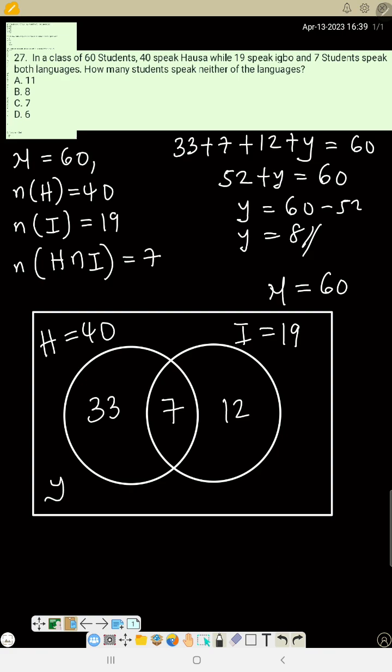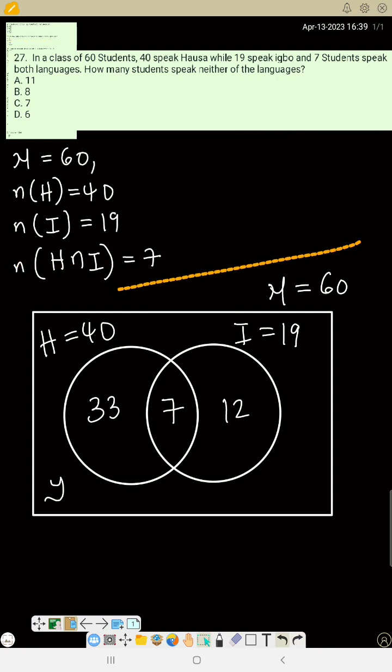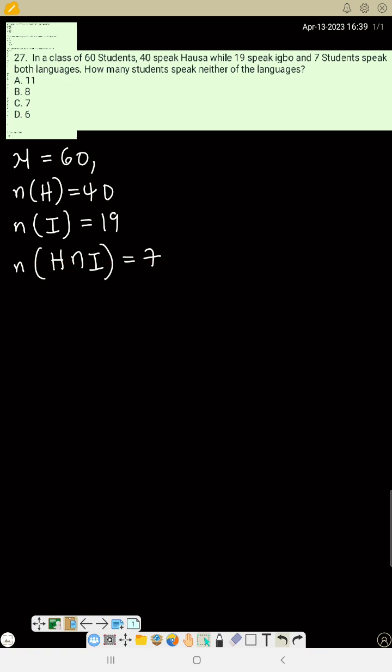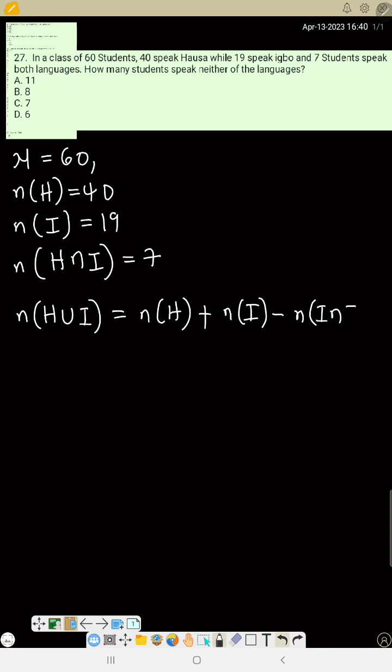But we have a formula to use without passing through this process, in set notation, if it involves your Venn diagram. That is, number of Hausa union Igbo will be equal to number of Hausa plus number of Igbo minus number of Hausa intersection Igbo.